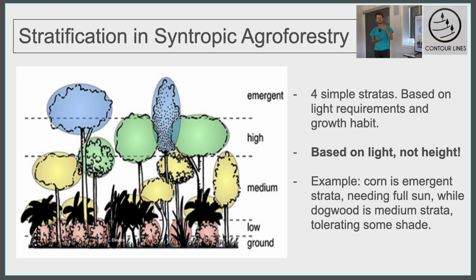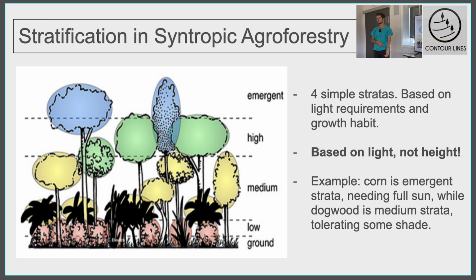And so it's this simple, emergent, high, medium, low, which is about the plant's ideal light requirements. Emergent are plants like palm tree, and tulip poplar, and let's see, other emergent in this climate, paulownia, that really need full sun. To the degree that they don't get full sun, they suffer.